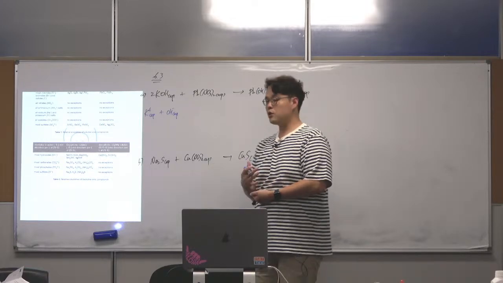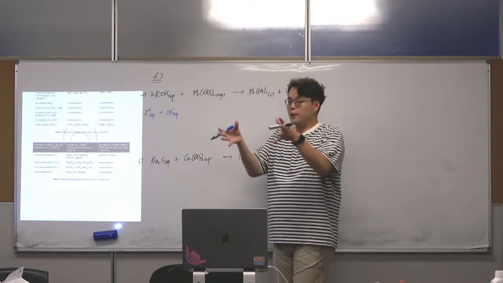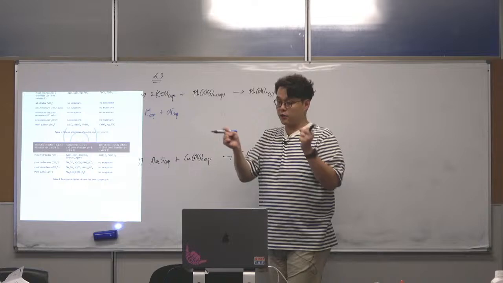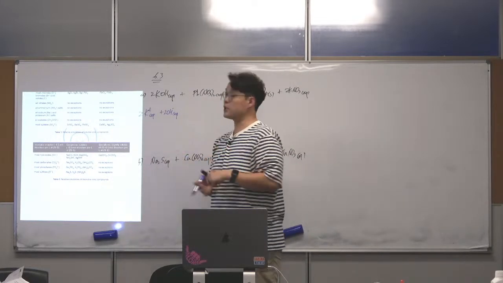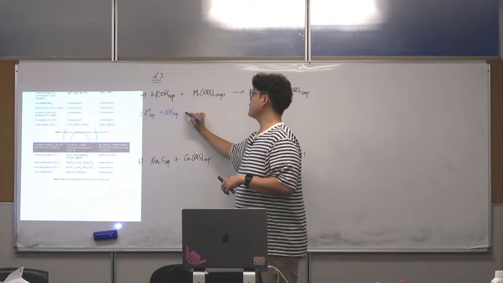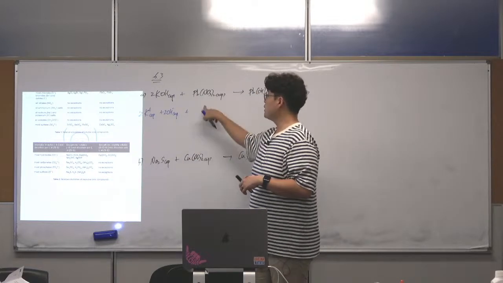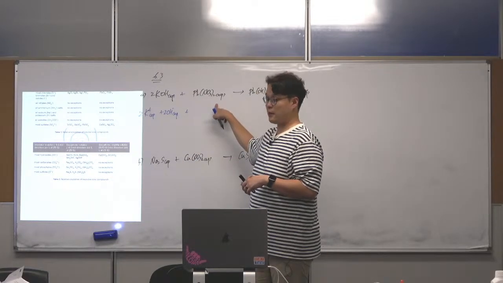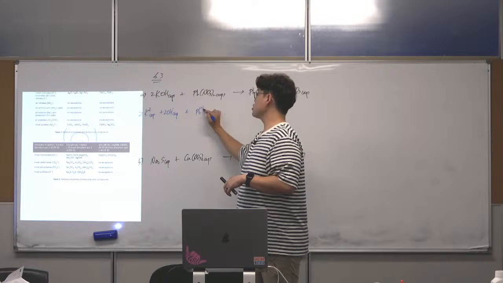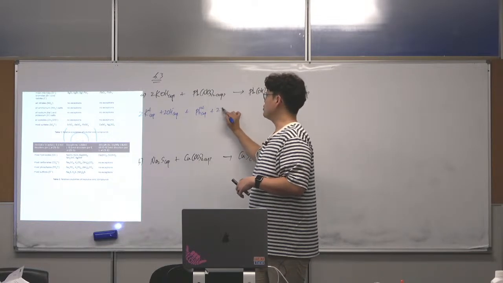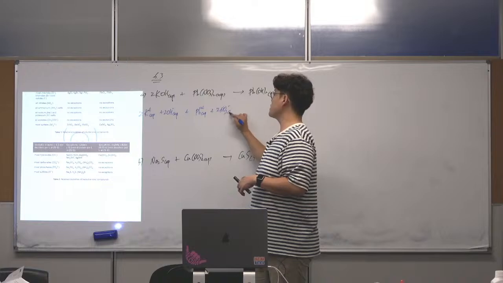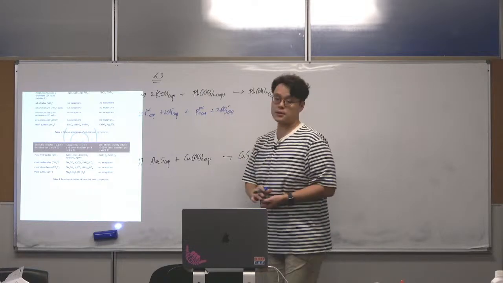The meaning of aq is that they are not really bonded, they're actually in separated form. So having 2 of each means we have 2 of each here. Now lead and nitrate can be written in the same manner: we have Pb2+ aq plus 2 NO3- aq here.